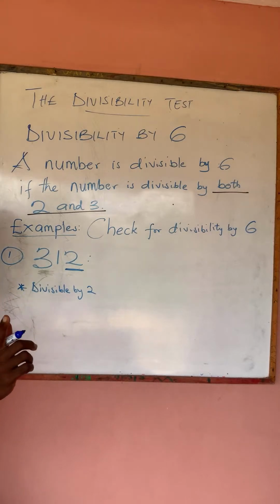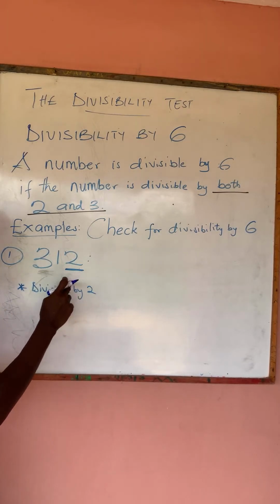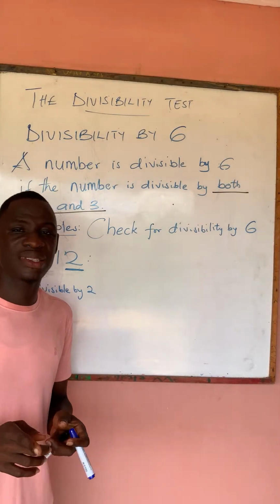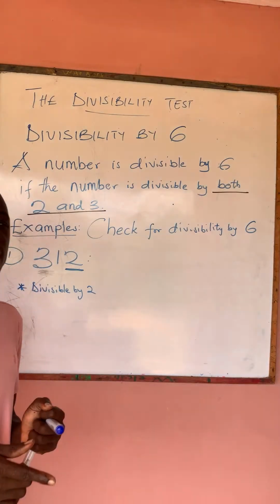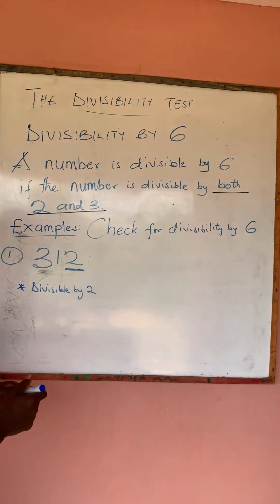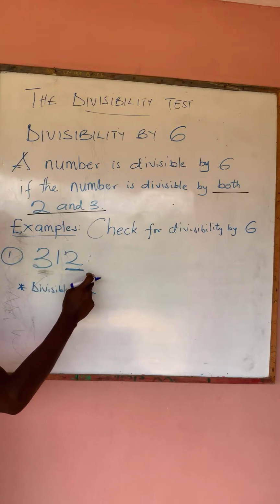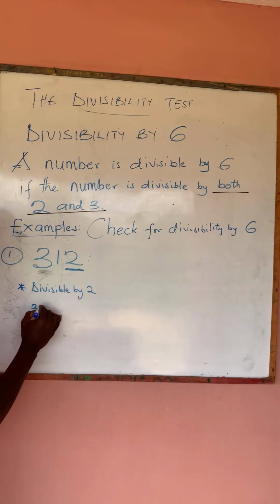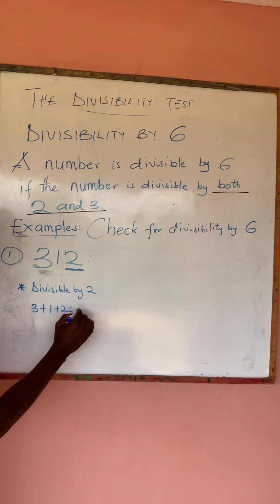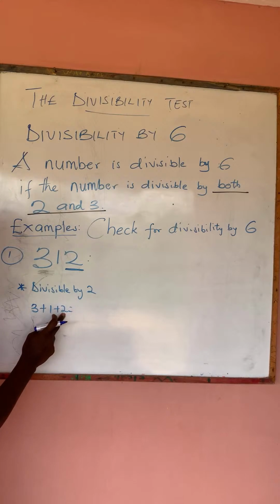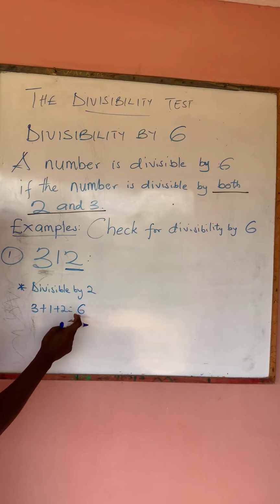For divisibility by 3, we're going to add up the digits, because a number is divisible by 3 if the sum of the digits is a multiple of 3. So you get 3 plus 1 plus 2. 3 plus 1 is equal to 4. 4 plus 2 is equal to 6. And 6 is a multiple of 3.